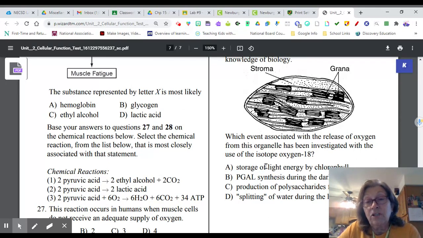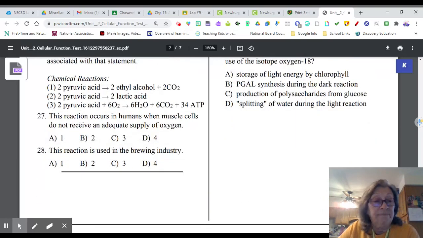A, storage of light energy by chlorophyll. B, sugar synthesis during the dark reaction. C, production of polysaccharides from glucose. Or D, splitting of water during the light reaction.